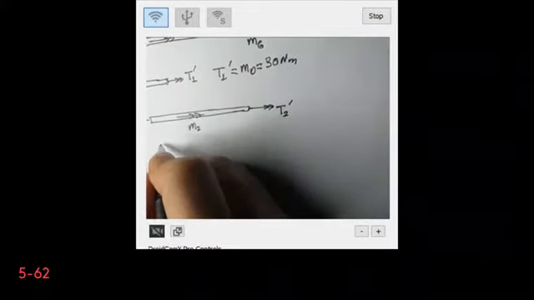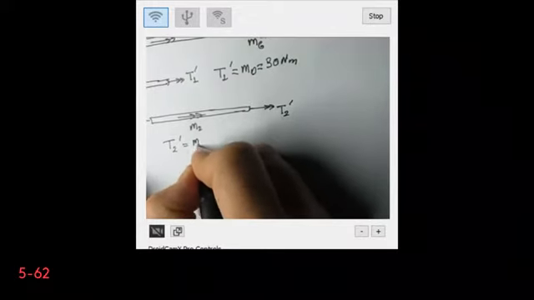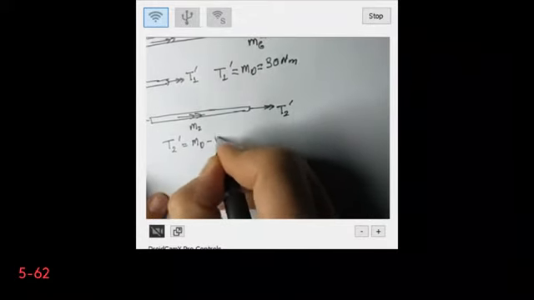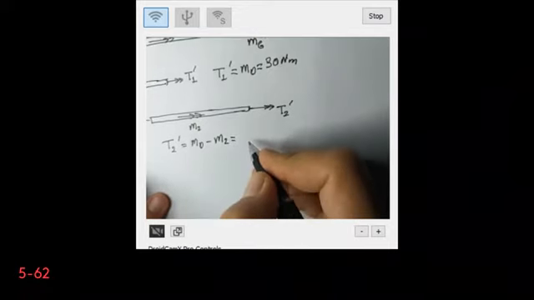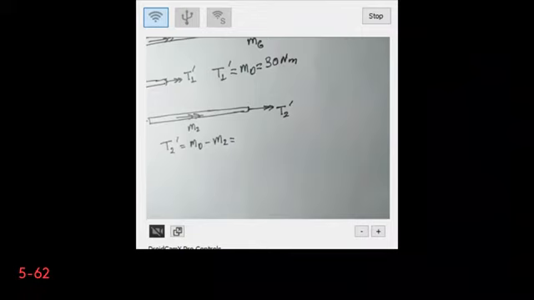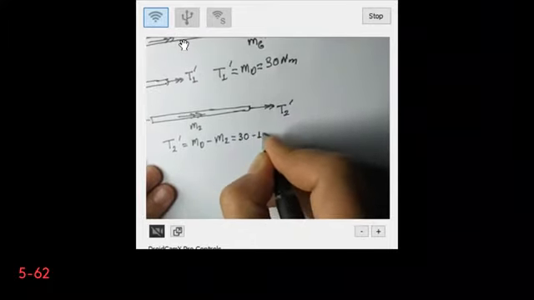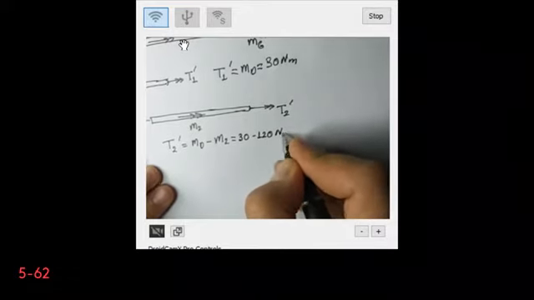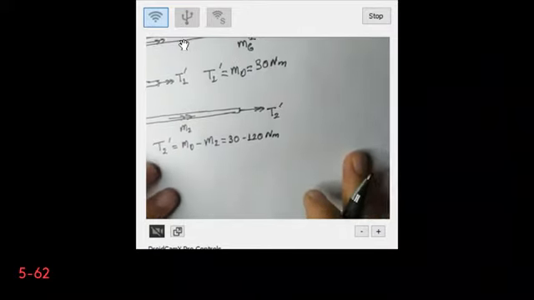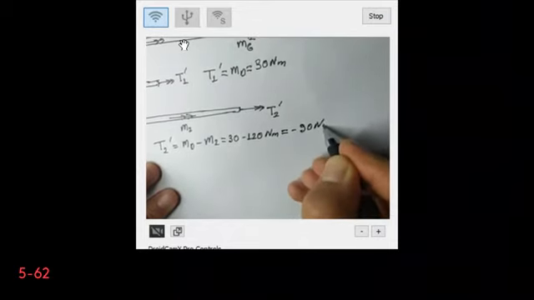In fact, T2 prime is then MD minus M2. So this is 30 minus 120, which makes minus 90 Newton meters.